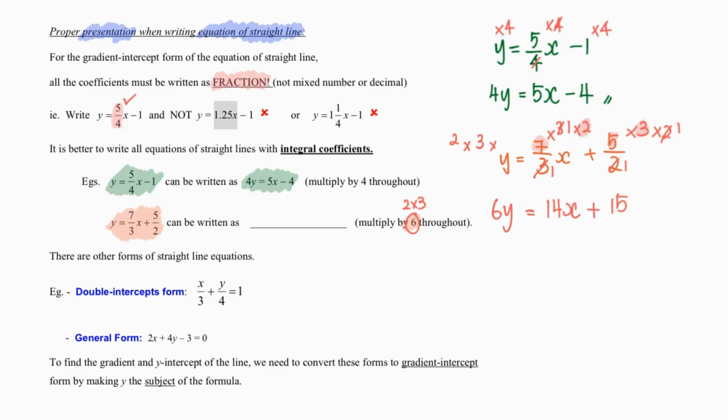So therefore this one will be 6y equals 14x plus 15. Okay. There are names given to this form. One is called double intercepts form, and the other is a general form. Alright, those are names.